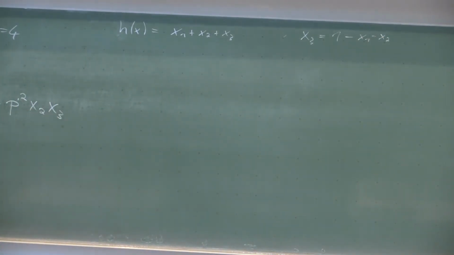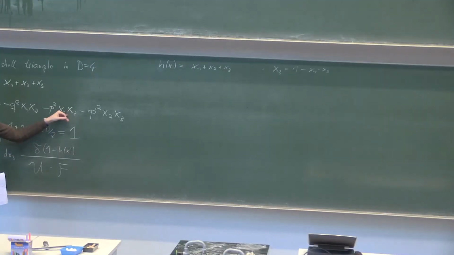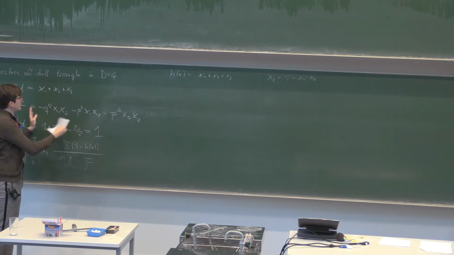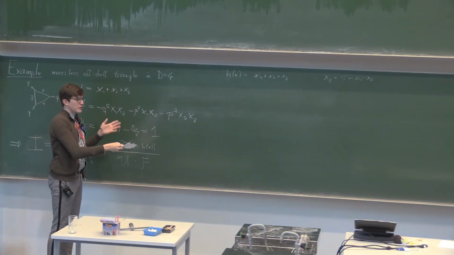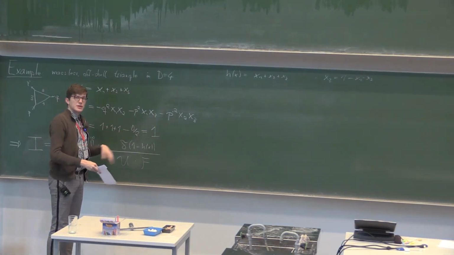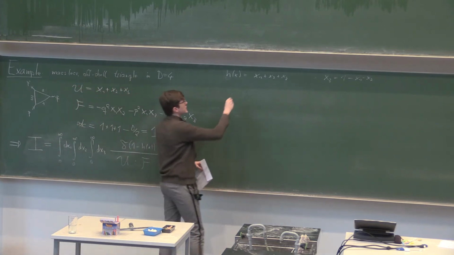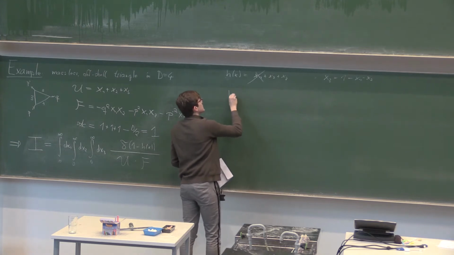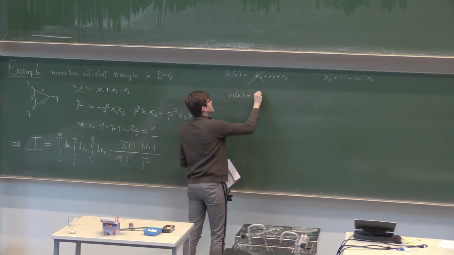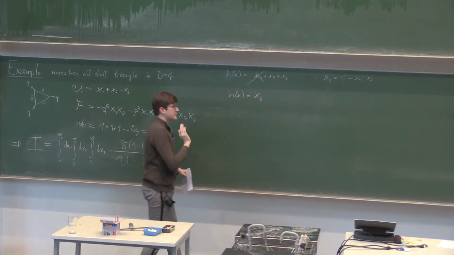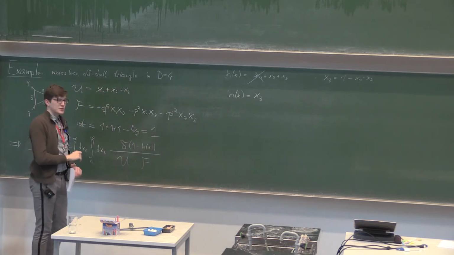Because now you have a term x1 x3, and if you substitute x3, then this is a quadratic in x1. So if you use this delta function, already at the first integration, you have a non-factorizing quadratic thing to integrate. So you have to take some square roots to do the integral. So we're not going to do that. So we just take h to be x3. So we just set x3 to 1 and integrate over x1 and x2.